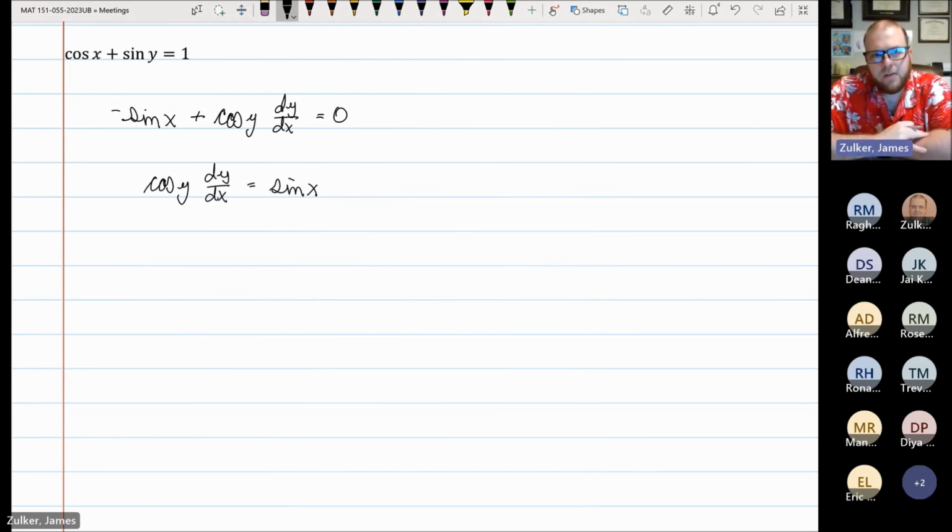Isolate dy dx terms. There's only a single dy dx term, so there's no need to factor. We just divide by what we're multiplying dy dx by.